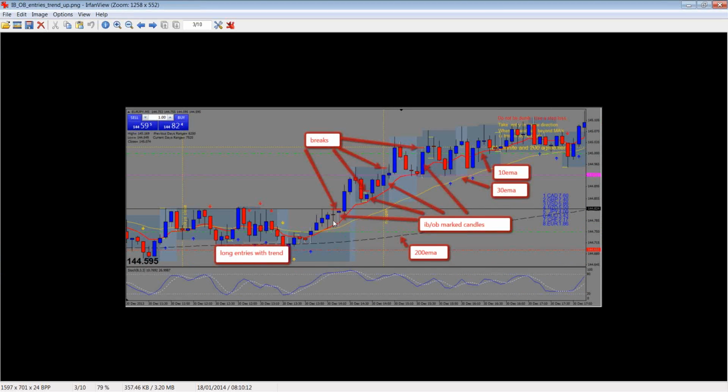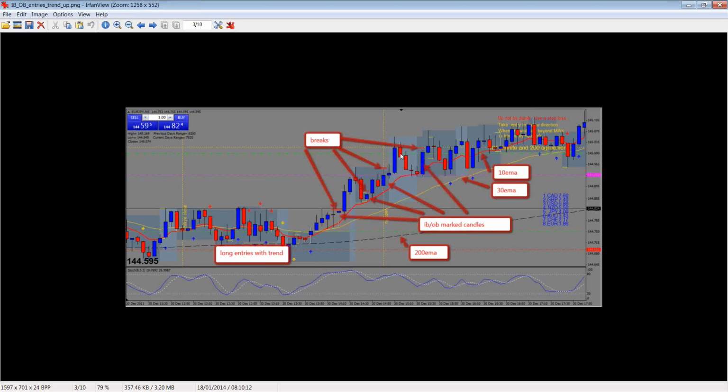An inside bar is marked when it's inside the previous bar. This bar is an outside bar because the previous bar is engulfed in that candle.